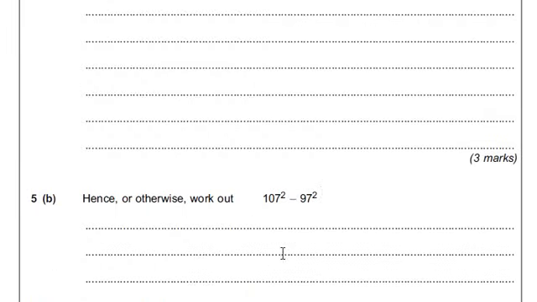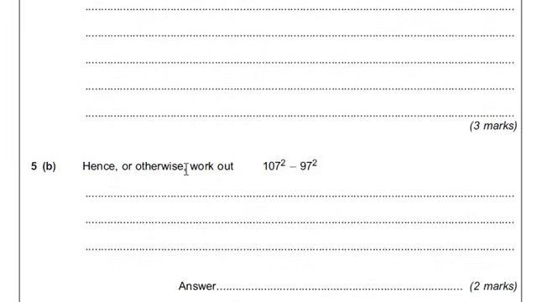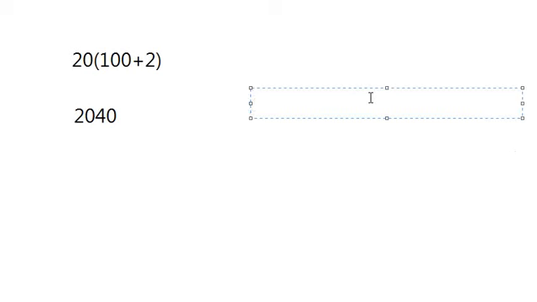And for the otherwise part, you can use another method, and that would be the difference of squares method: a plus b times a minus b equals a squared minus b squared. So this actually fits that as well. Let's take a look. 107 squared minus 97 squared.